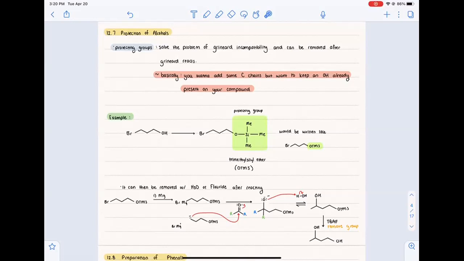Yes, here we have the protection of alcohols. I think that it's just such a fun reaction. Is there another reagent that you guys learned where the alcohol group does this, and the protecting group looks like that? Or is that Orgo 2?